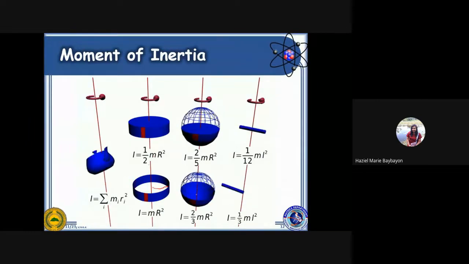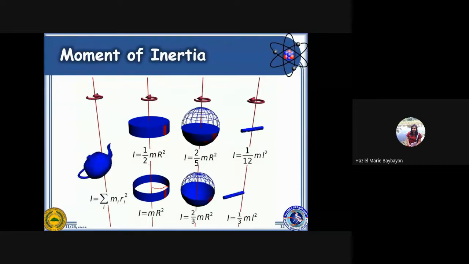This one is a solid sphere, like that of a basketball or a golf ball, for example. Solid siya. Okay, so lahi-lahi ang value sa moment of inertia. So you have I equals 2/3 m r squared for the hollow sphere, while for the solid, it is 2/5 m r squared.